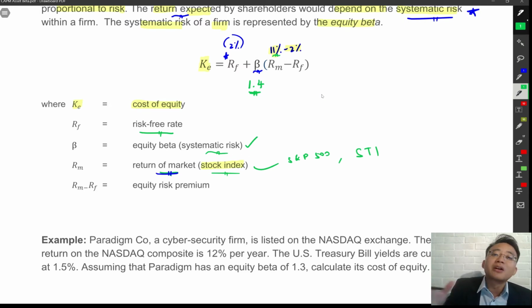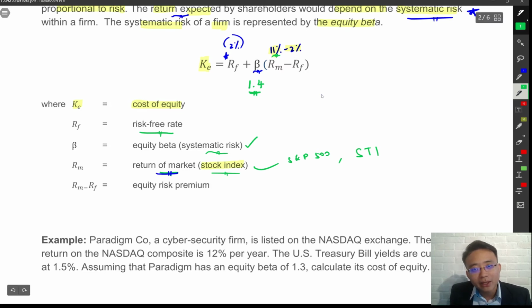Because if you are riskier than the market, I would expect a return higher than the market, right? So here, I'm considering the market, and I'm going to multiply it by 1.4. It's going to be a bigger amount, and it makes sense. The more risk I take, if you are riskier than the market, you have to return me more than the market. Intuitively, people, this is the bare bones of what CAPM is proposing.